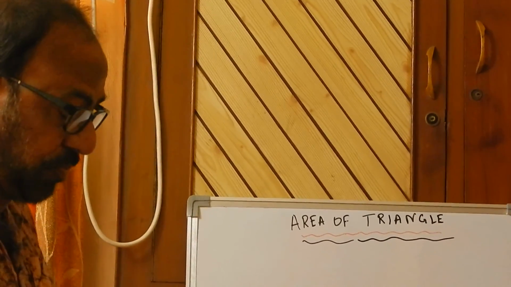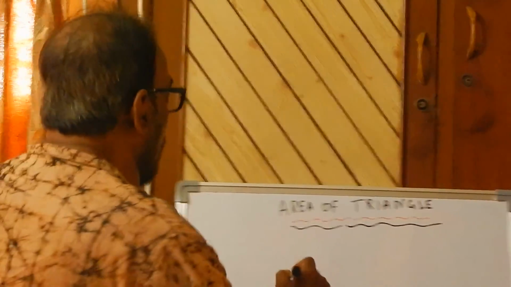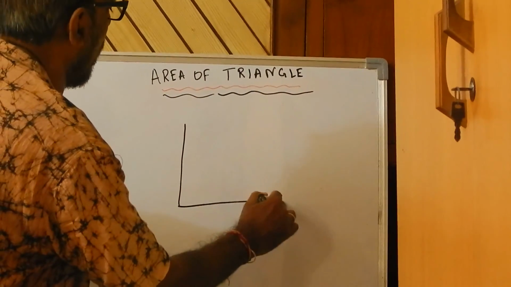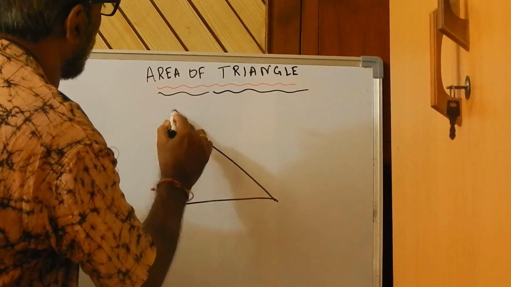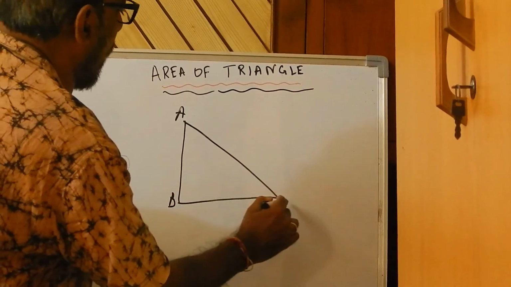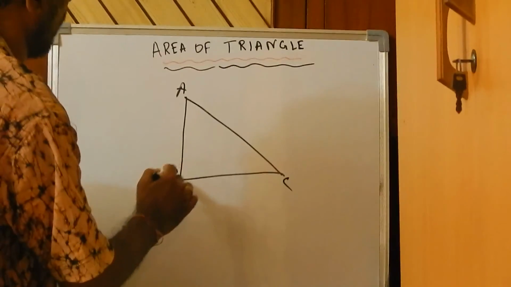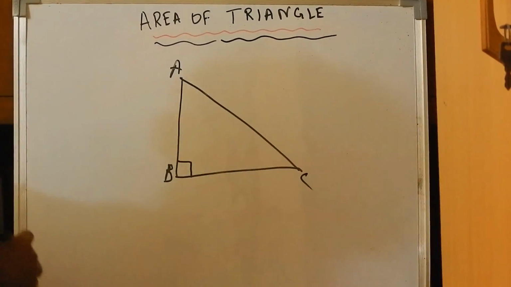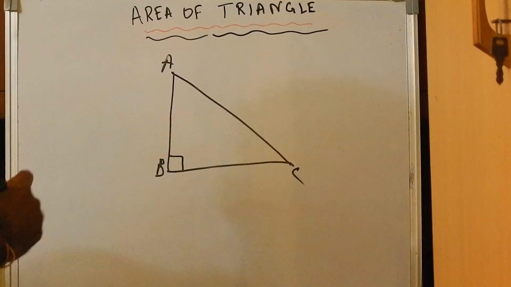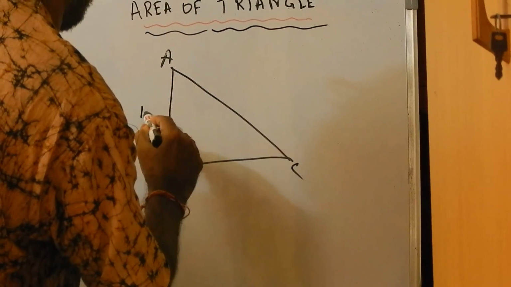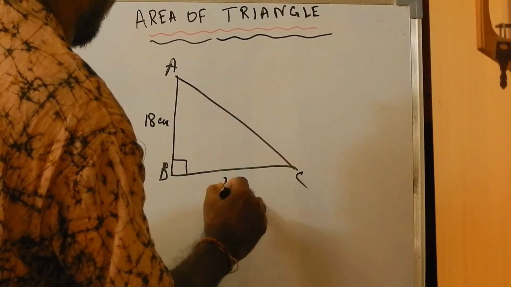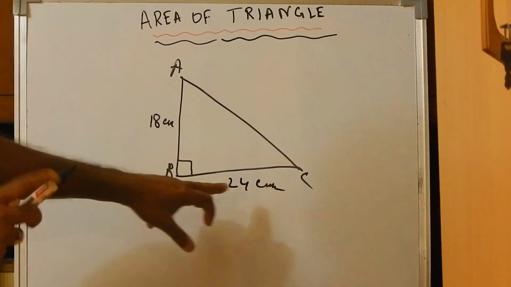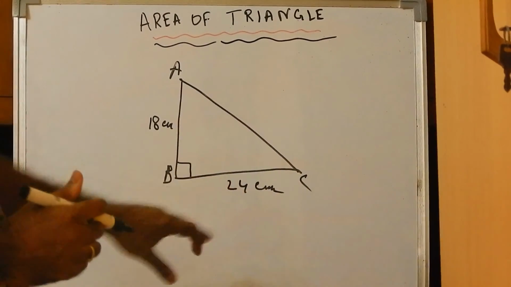So now, here is the sum. ABC is a right angle triangle, and the lengths of these two sides, AB and BC, are respectively 18 centimeter and 24 centimeter.